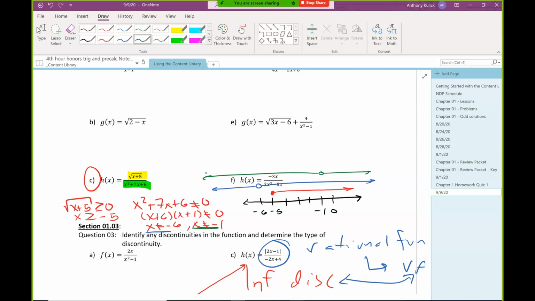Josh, are you okay with what I did there? Okay. Delaney? No. So the range we're not doing here, and I wouldn't ask you to do a range on something that's difficult. So the domain we have to worry about is when the function is undefined.